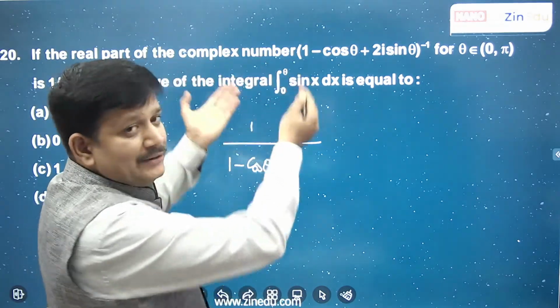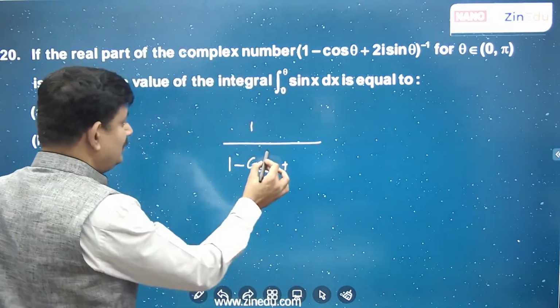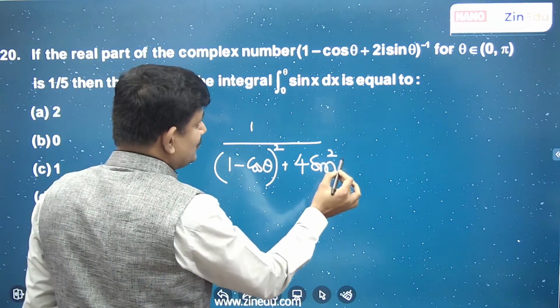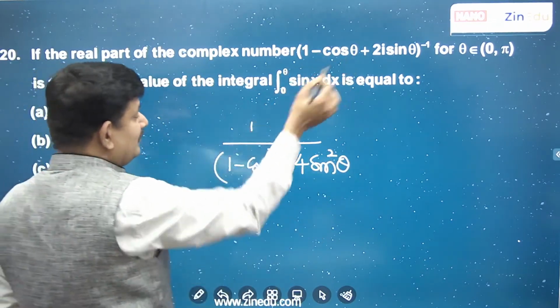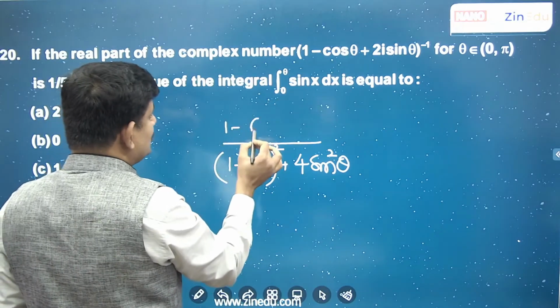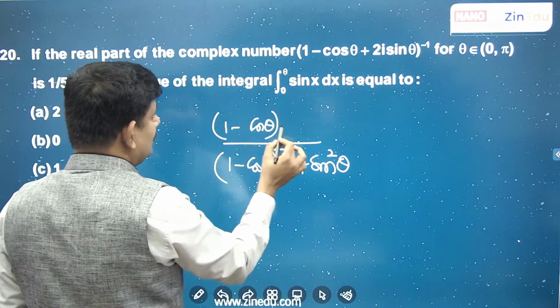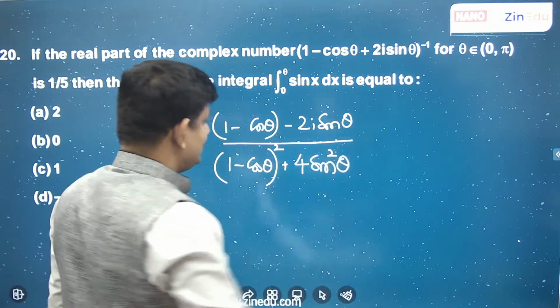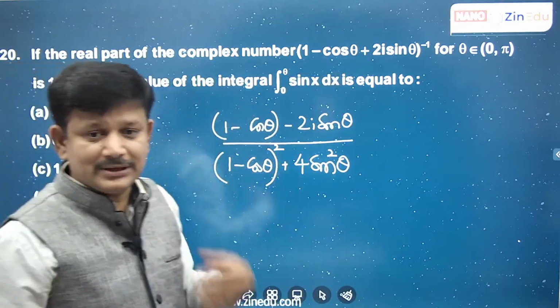Now, if you have to convert this into a normal proper form, multiply by the conjugate. So, this will become mod z square in the denominator. Numerator will have 1 minus cos theta minus 2i sin theta, multiplied by the conjugate. This is how you can write this complex number.